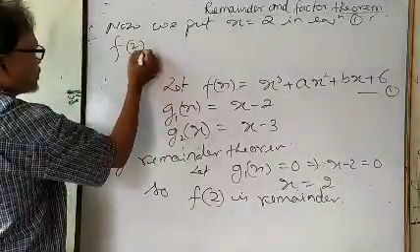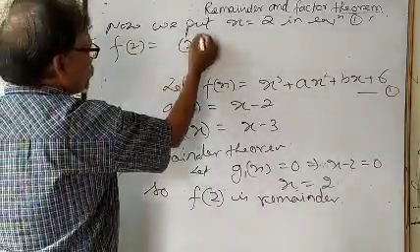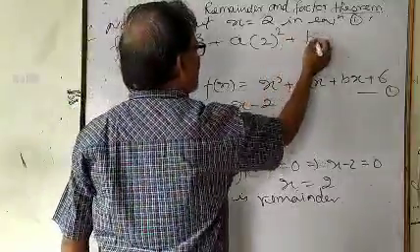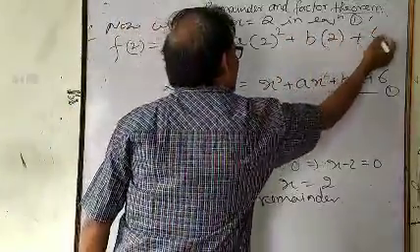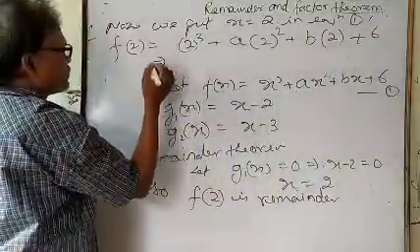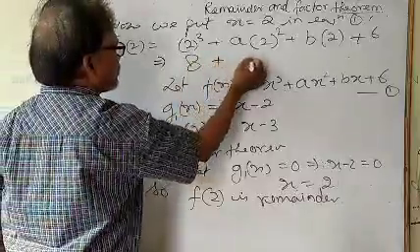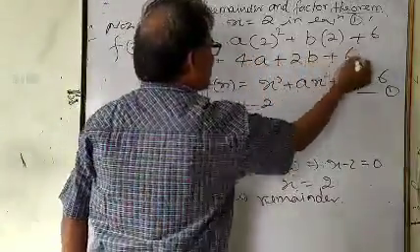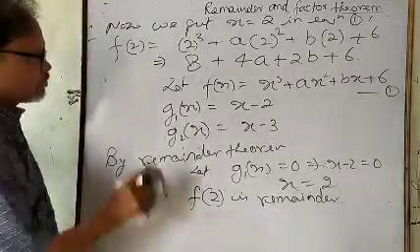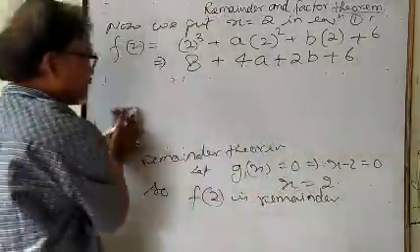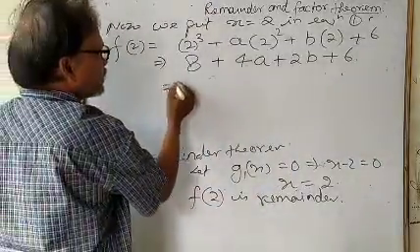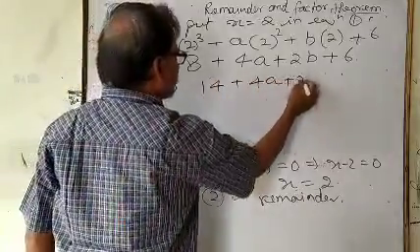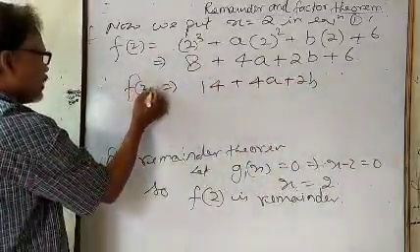So f2 is equal to 2 cube plus a 2 square plus b 2 plus 6, that is 8 plus 4a plus 2b plus 6. Then one more line you can write as f2 is equal to 14 plus 4a plus 2b.